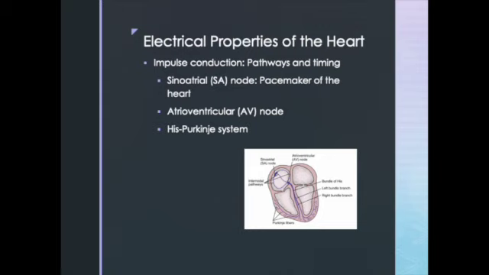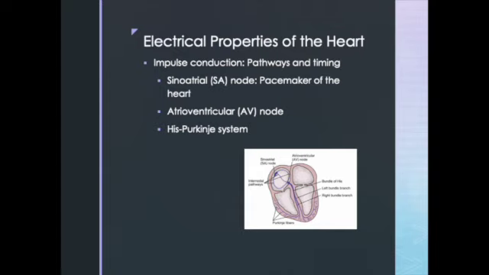Let's first think about the electrical properties of the heart. Dysrhythmias are going to result because there's an alteration of that electrical impulse that is first stemming from usually the SA node. And antidysrhythmic drugs are going to help to control that rhythm by correcting or compensating for these types of alterations.